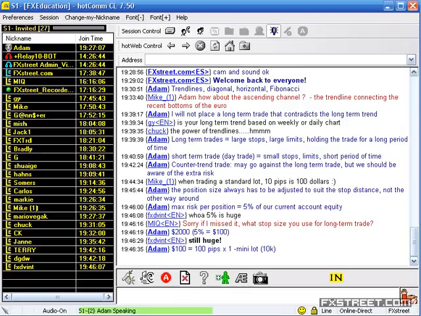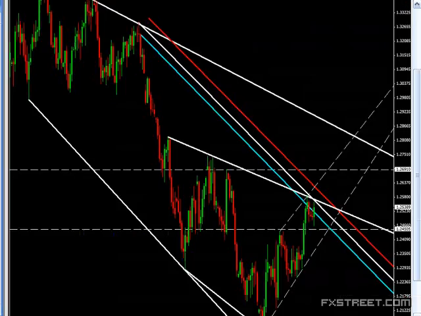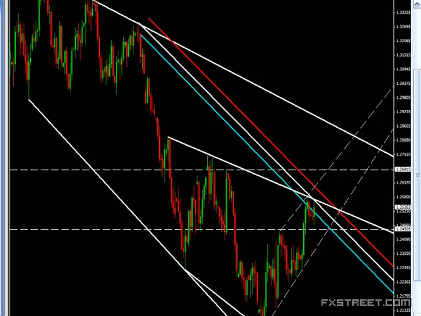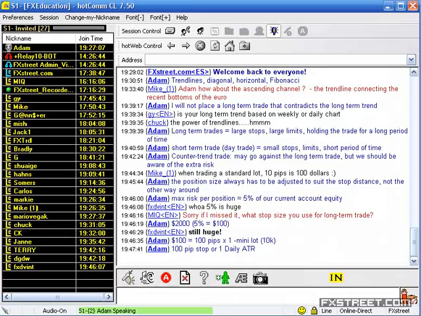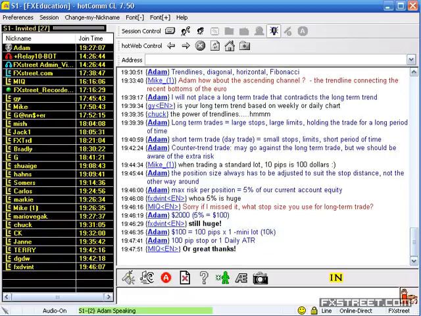For long-term trades, I generally use a 100 pip stop, or 1 daily ATR. Okay? ATR, insert the indicator, average true range. Average true range basically counts the distance of the candlesticks from top to bottom on a daily chart.